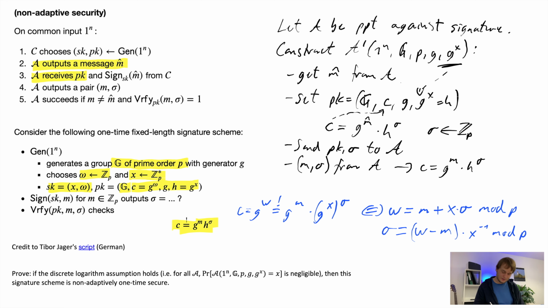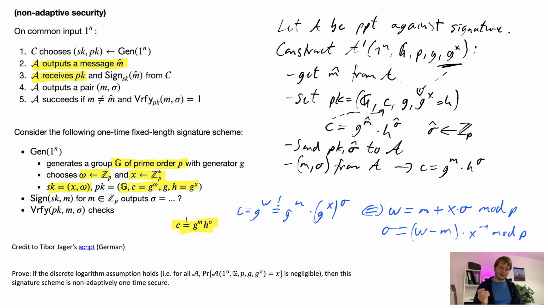Oh, sorry, I call this sigma hat here. The one we used for m hat, and then the forgery returned by A I will call sigma. And now I claim that A prime, given all of these values, in particular the forgery from A, is actually able to compute x, the thing that it wanted all along up here.